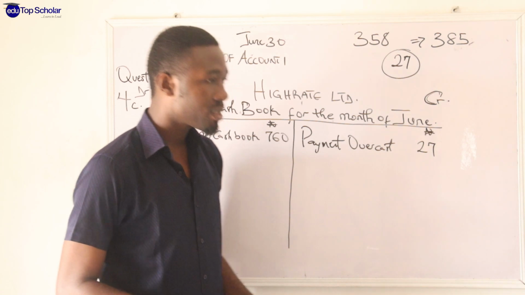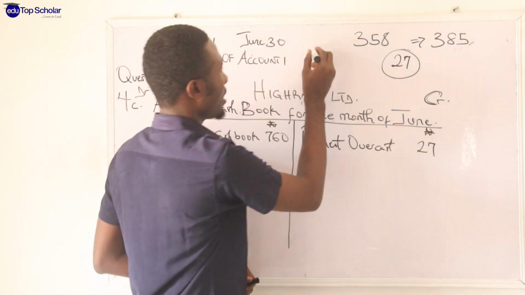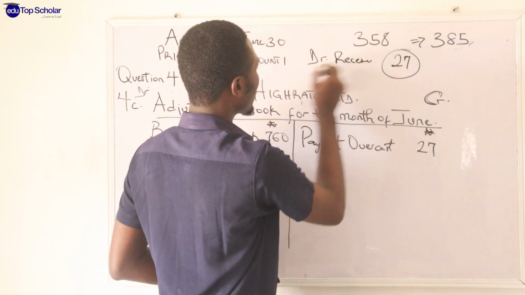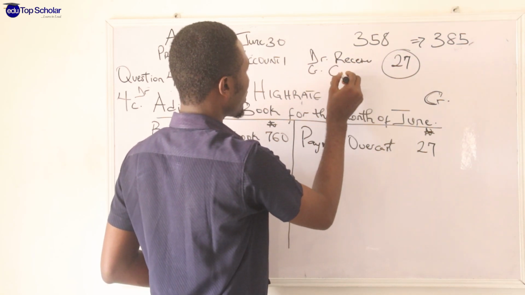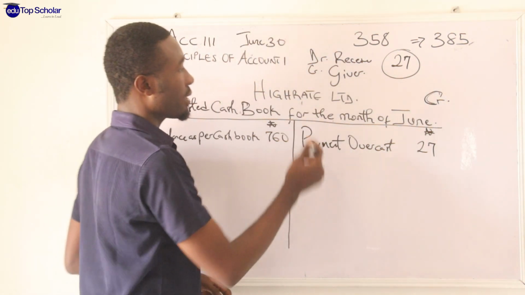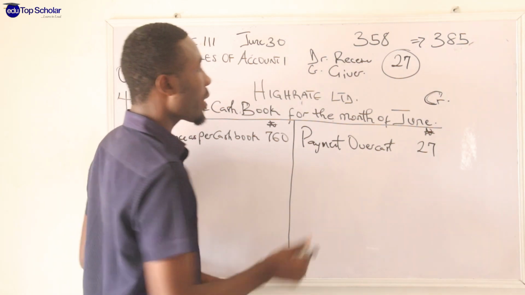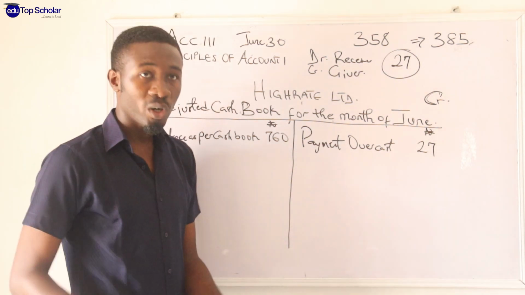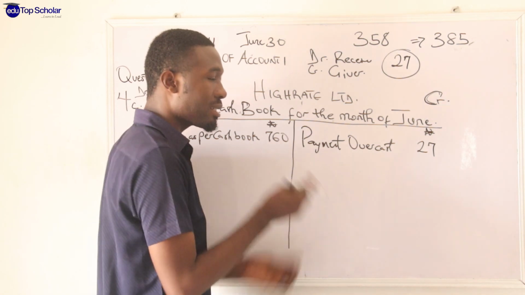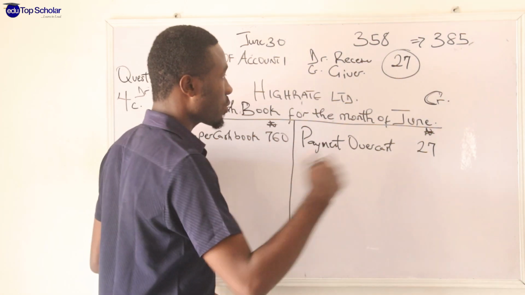Now, because money is leaving us, and whenever we have debits, the receiver, and credits, the giver, in this case, we are the giver. When we are the giver, because the money is leaving the business through the bank, and the bank has recorded it, it has to come into our own cash book also as an expense because we are giving out.